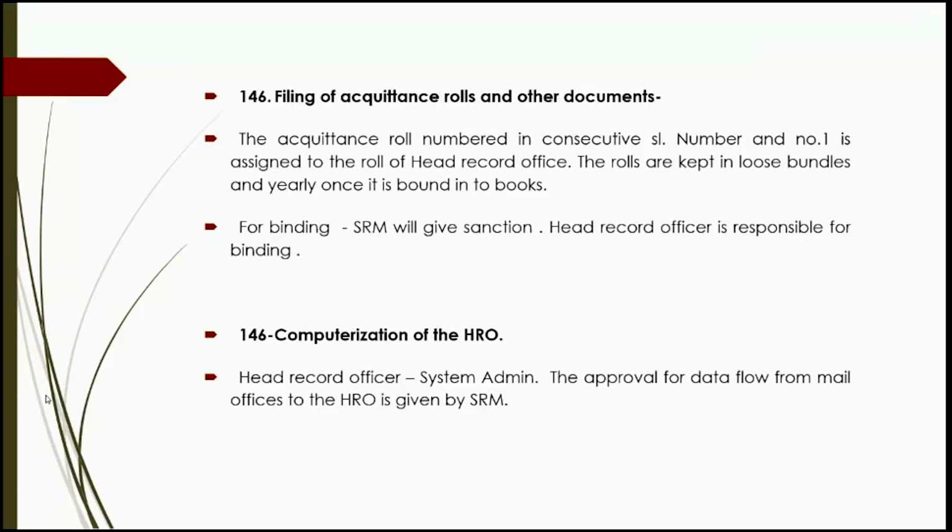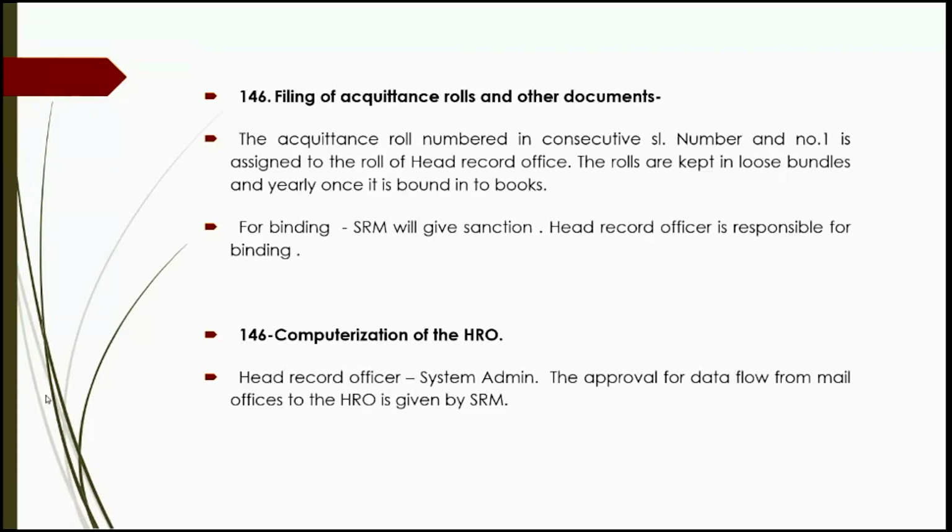They will be kept in loose bundles, and after the completion of the year, they are bound as a book. Whether the volume of memorandums is large or small, binding work is involved and it incurs some cost. The cost incurred for the binding will be sanctioned by the superintendent, and it is the responsibility of the head record officer. So he is responsible for binding the rolls yearly after obtaining the sanction from the superintendent.